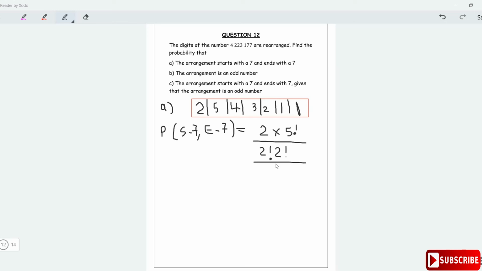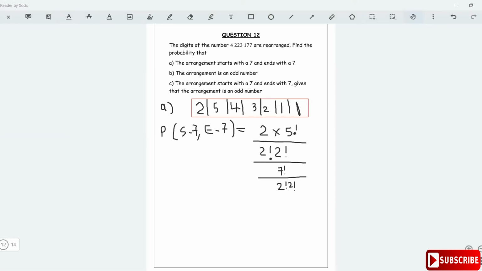N is 7 factorial over 2 factorial times 2 factorial. That is going to give you all the possibilities.